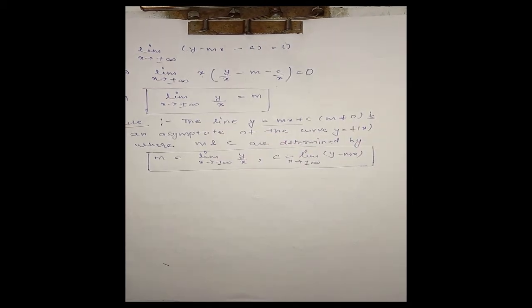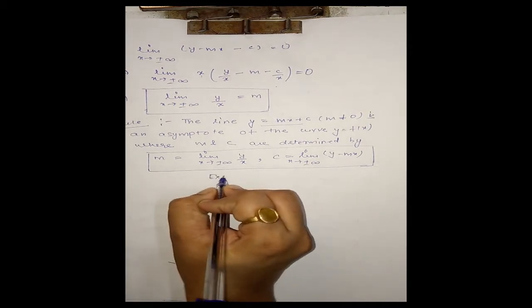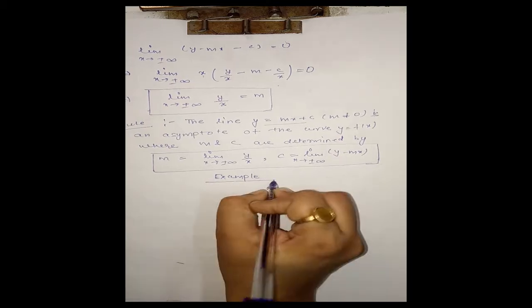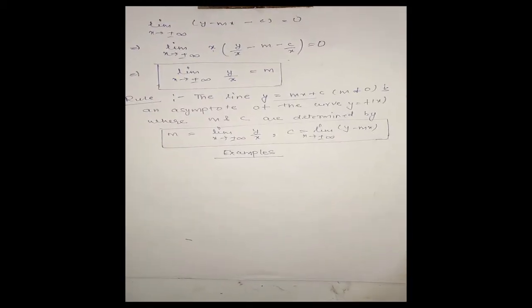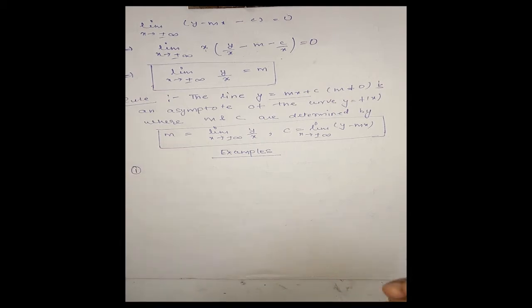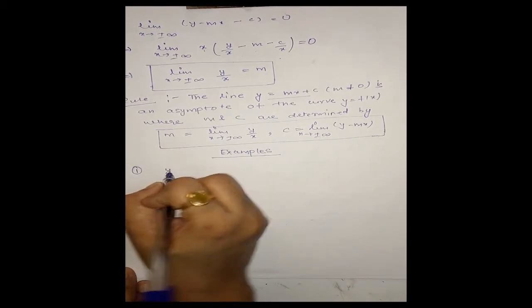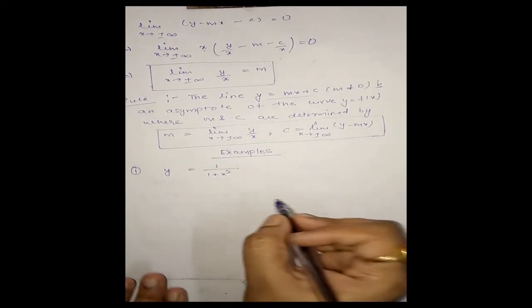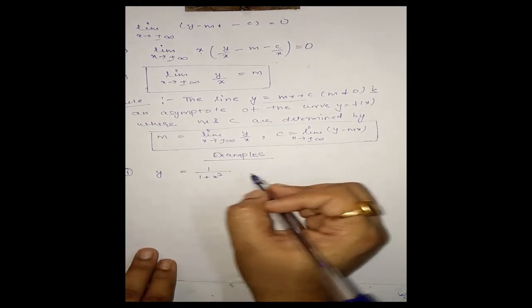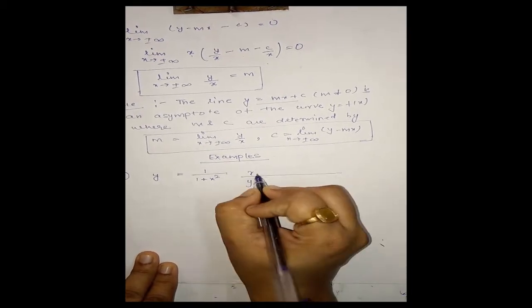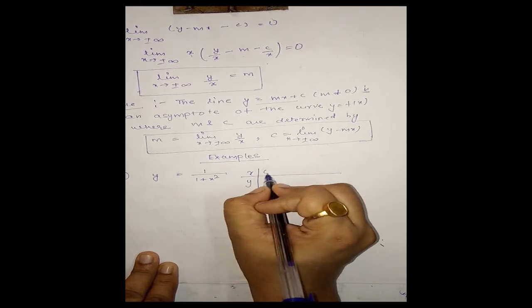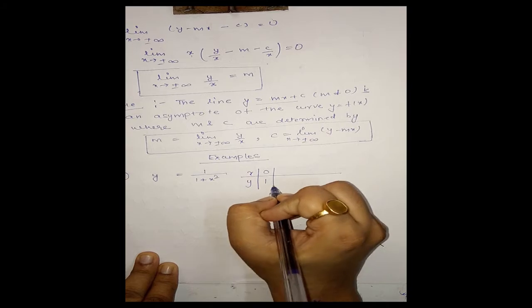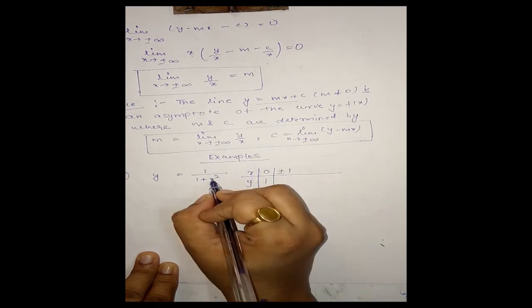Now we consider some examples so that asymptotes will be more clear to us. First let us understand asymptotes more clearly. Now if I have this curve, y is equal to 1 upon 1 plus x square, let us plot the graph of this curve. If I give 0 to x, then y will be 1, and on taking plus or minus 1, this will be 1 by 2.